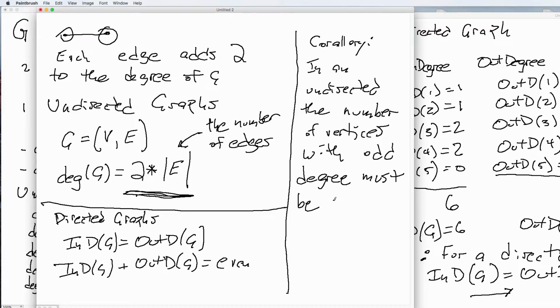Well, the answer is there must be an even number of them. If there were an odd number of them, then when we add them all up, we're going to get an odd number. And then when we would add all of the ones of even degree, we'd still get an odd number. But the total degree of a graph can't be odd. It has to be even.